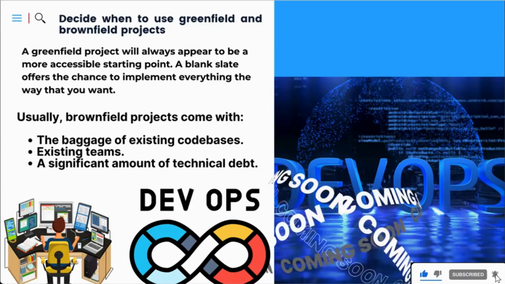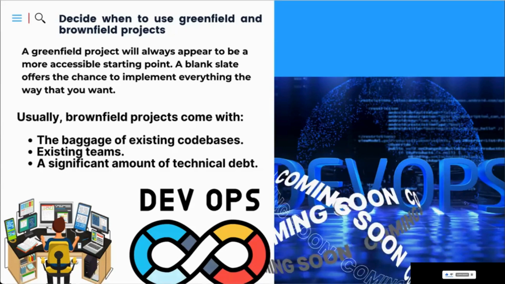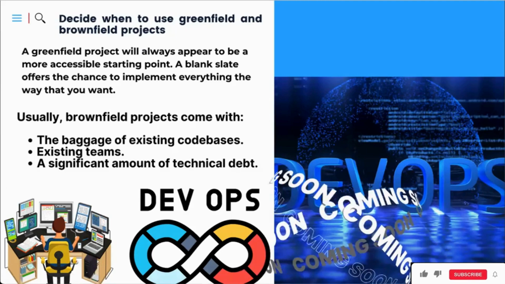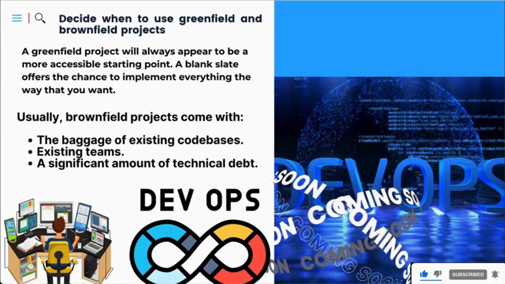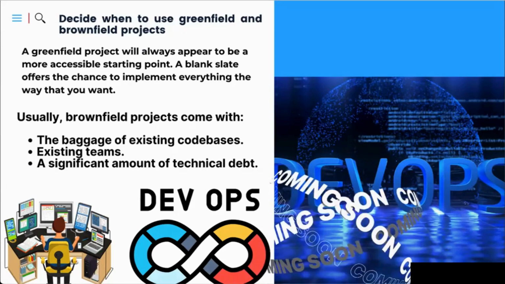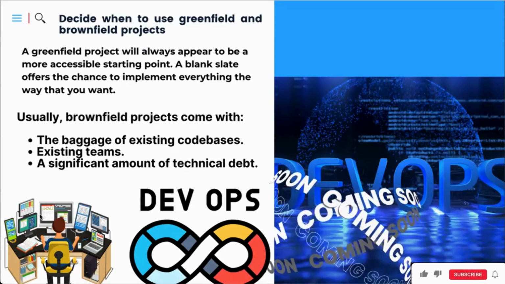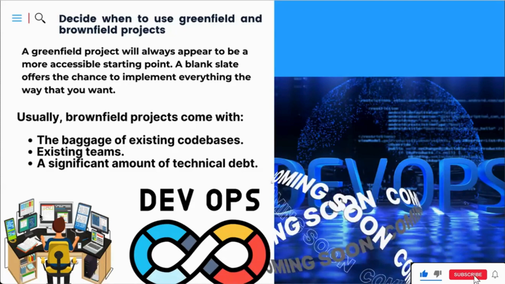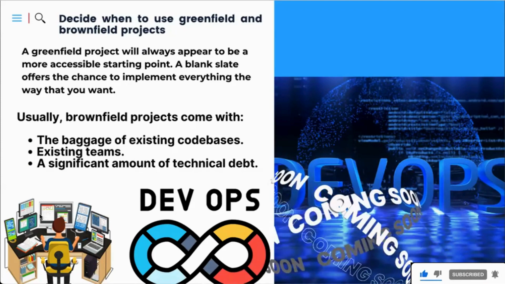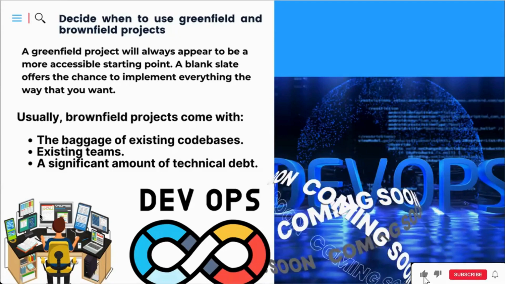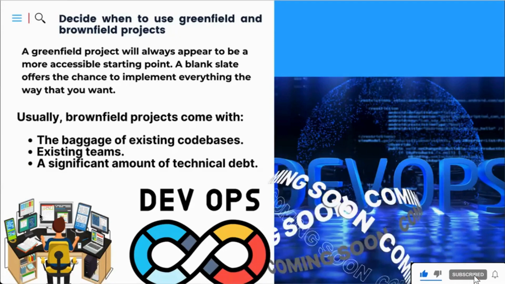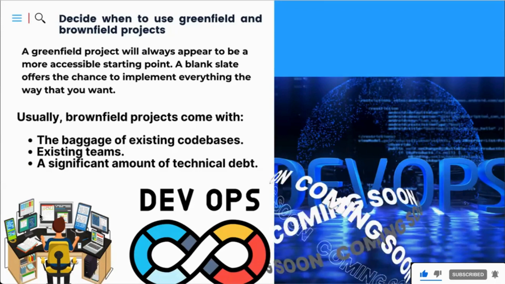But in a brownfield project, there is the baggage of the existing code base, existing teams, and a significant amount of technical debt. So this is what we have to think about whenever you choose a brownfield. In brownfield, there is a lot of challenge, unlike greenfield where there is no existing code base, no existing team dynamic of politics, and possibly no current rigid process.